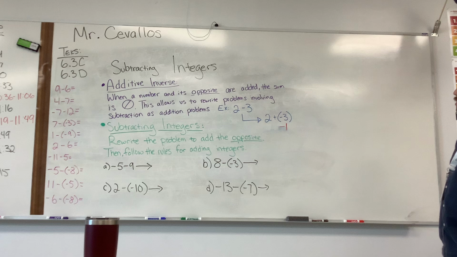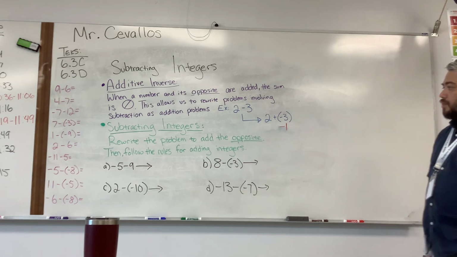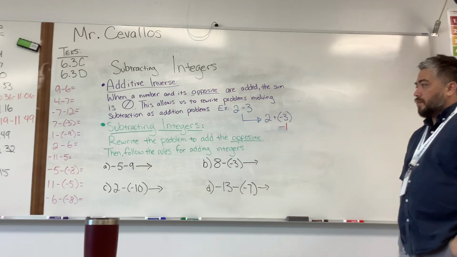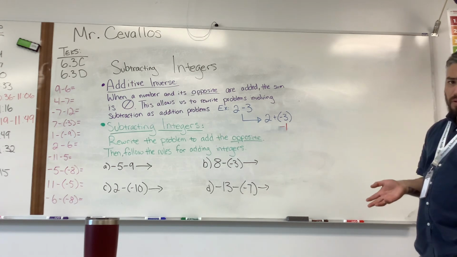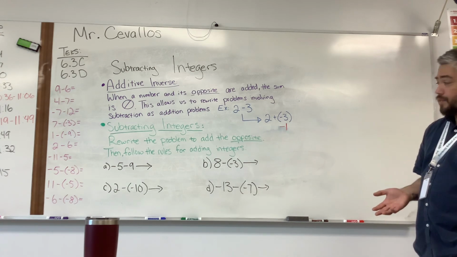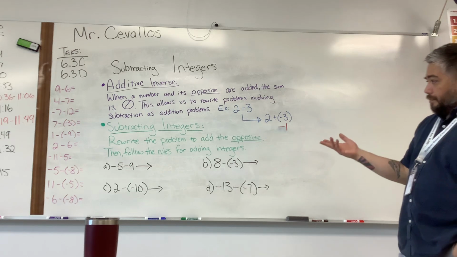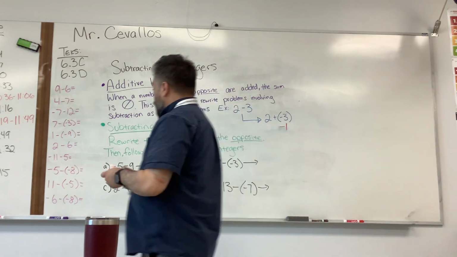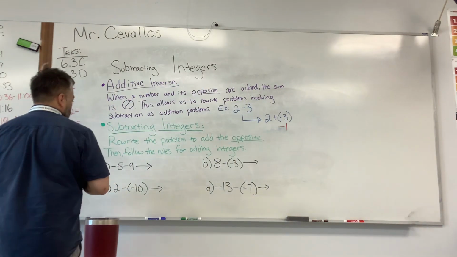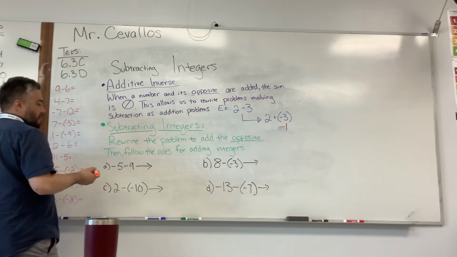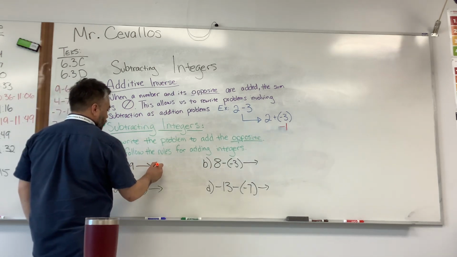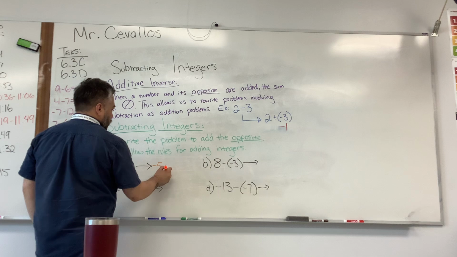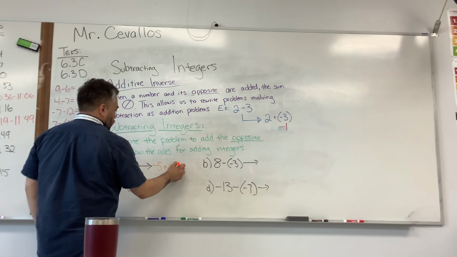When we are subtracting integers, we also have the ability to rewrite the problem to add the opposite. Then all we do is follow the same rules that we followed when we added the integers. So here, we can rewrite negative 5 minus 9 as negative 5 plus negative 9.